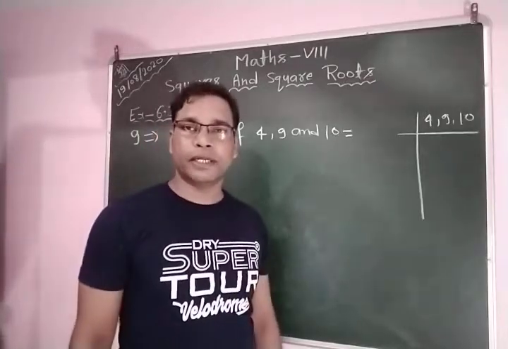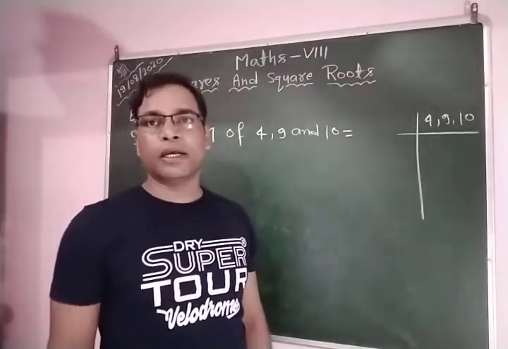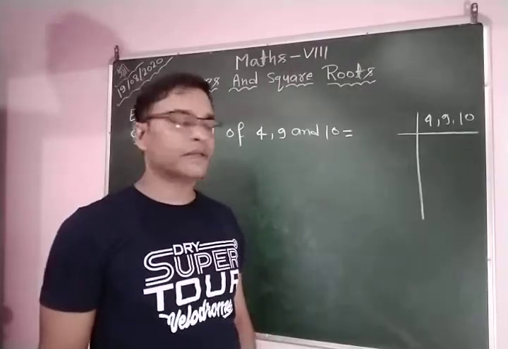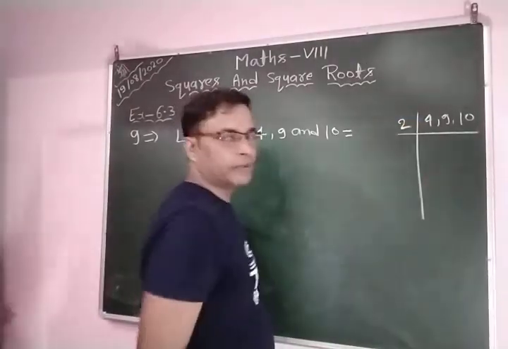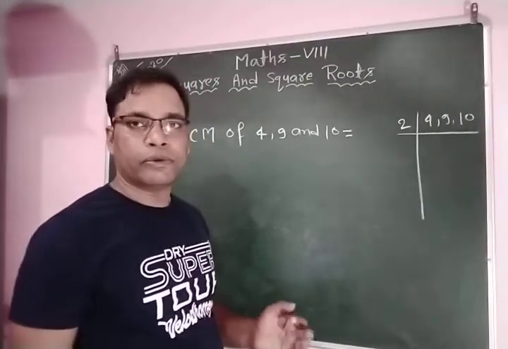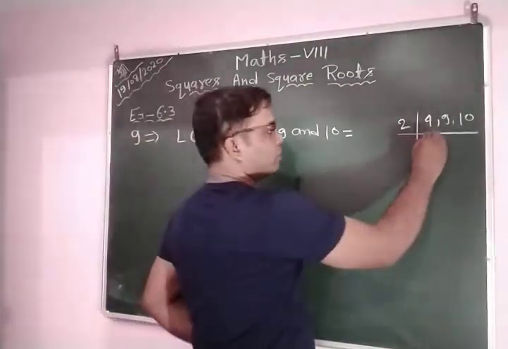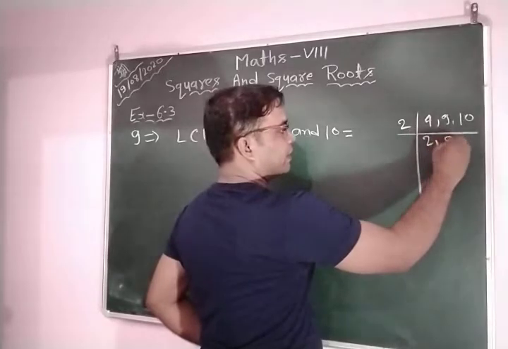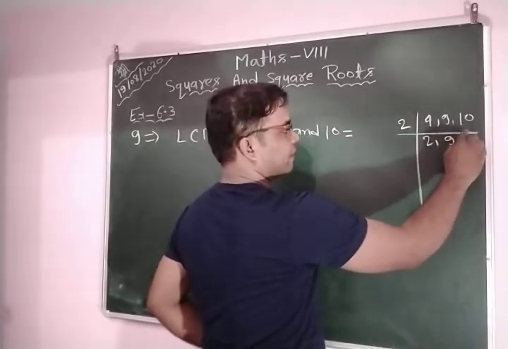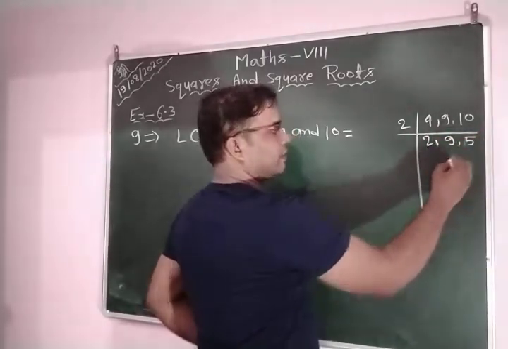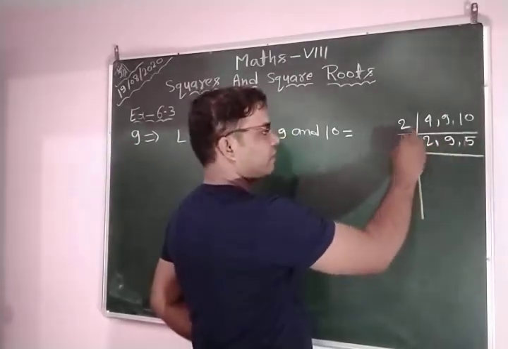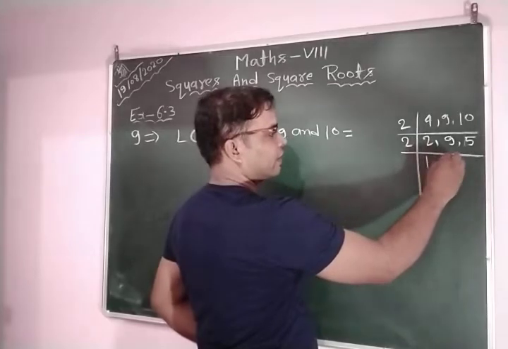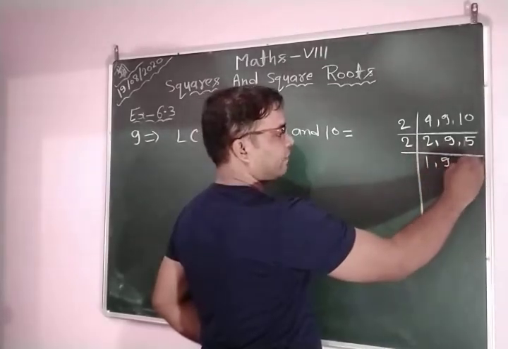In this method we select the smallest prime number which divides at least 2 numbers. If we take 2, the smallest prime number, this divides 4 and 10. Here we obtain 2, 9 and 5. Again we take 2, then 1, 9, 5.